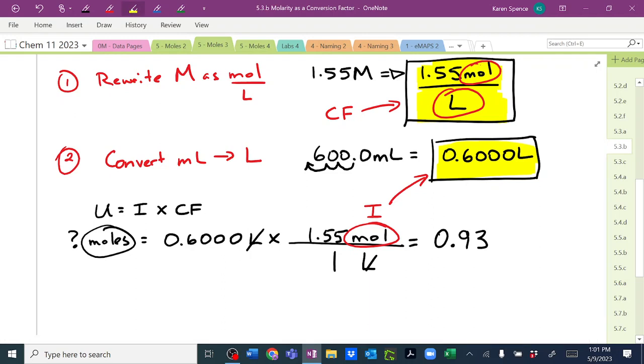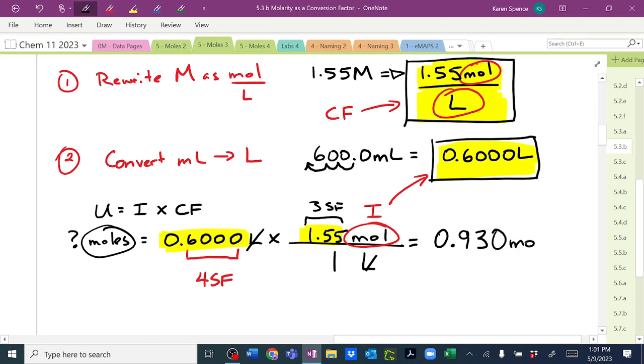No, no, no. How many sig figs in this 0.6000? There's 4 sig figs. And how many sig figs in 1.55? 3 sig figs. So how many in our final answer? 3 sig figs. So what do we need to do to the 0.93? Add a 0, and our unit then is moles.